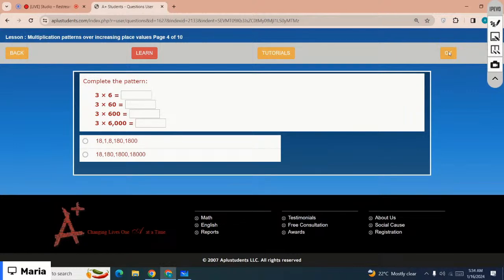The next one is complete the pattern. So which is the correct option?